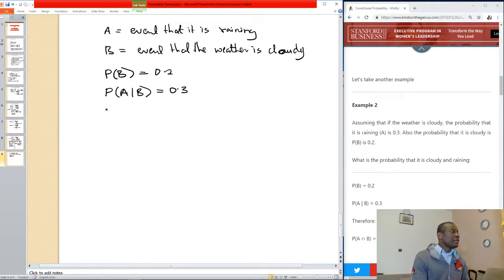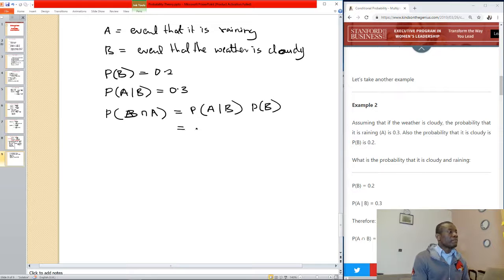So we can now calculate the probability that it is cloudy and raining at the same time. So the probability that it is cloudy and raining at the same time is equal to the probability that it is raining, given that the weather is cloudy, times the unconditional probability that the weather is cloudy.